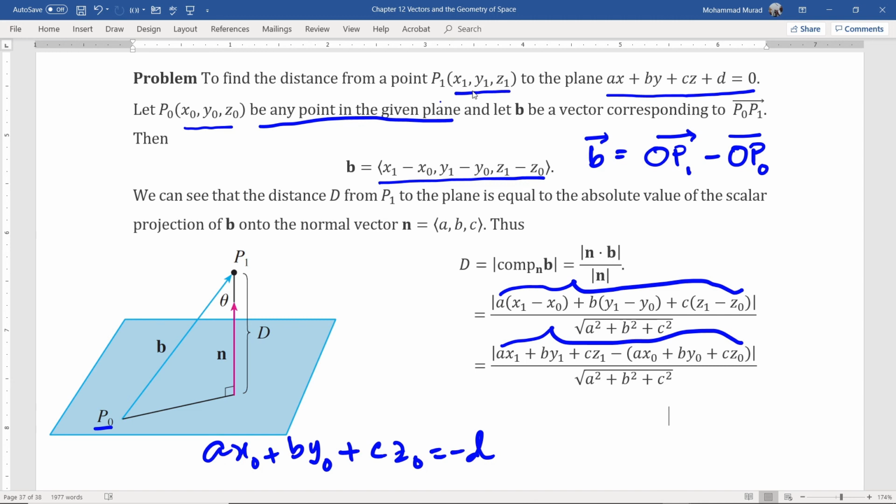So we replaced the quantity here by negative d, as we see in this step.